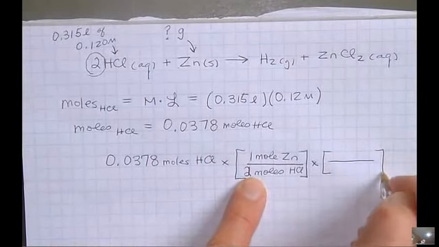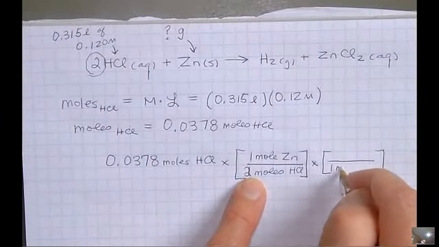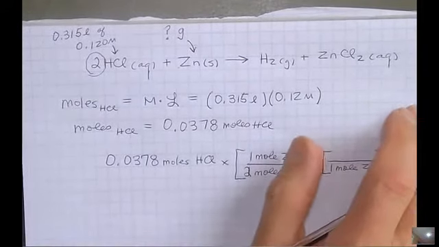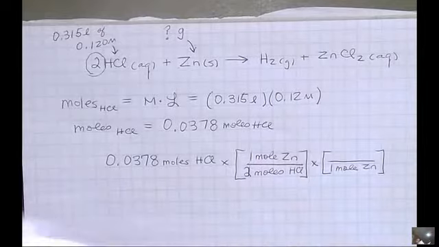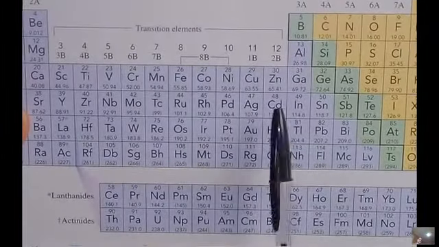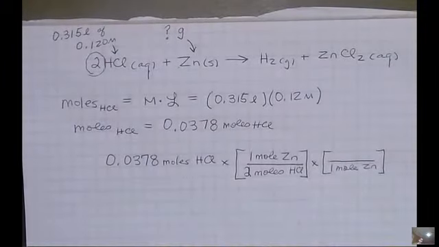So we need to look up the molar mass of zinc and multiply by it. 1 mole of zinc weighs 65.4 grams.